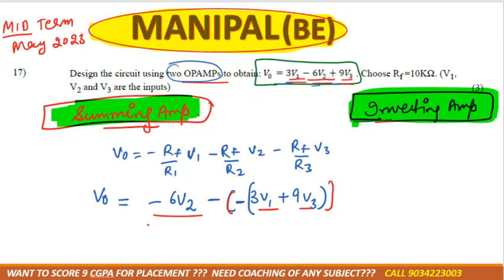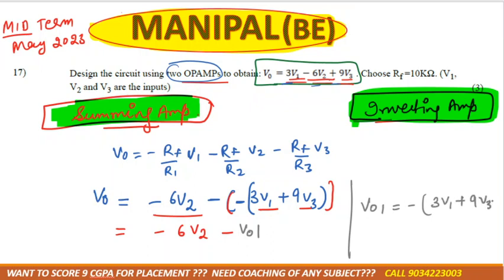I put minus and minus. It would be same. I'm considering this part as another variable, which we can denote by V01, where V01 is equal to minus of 3V1 plus 9V3.